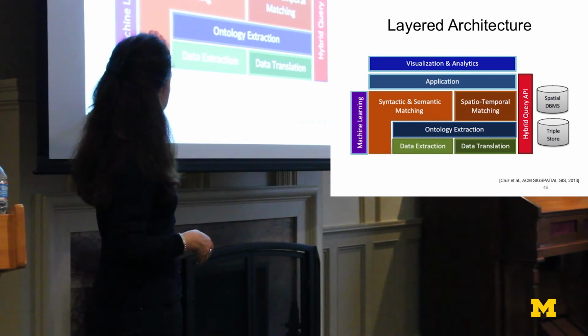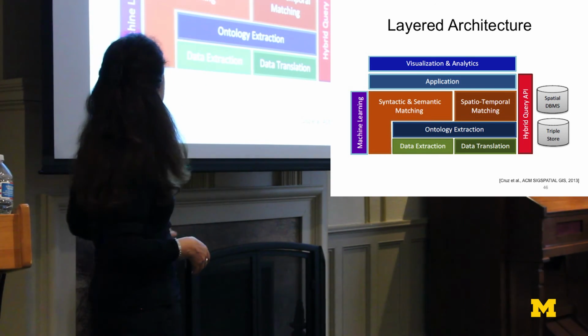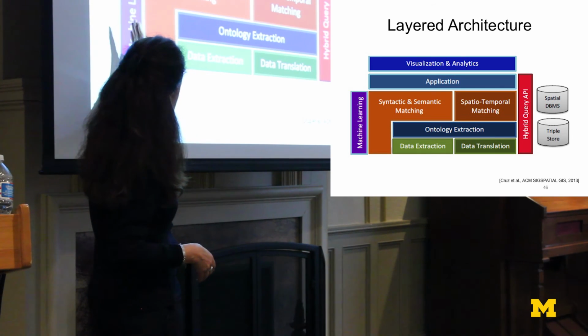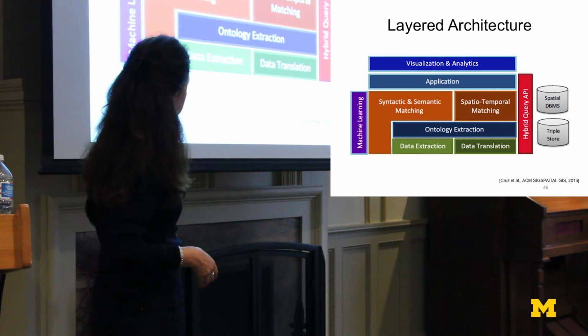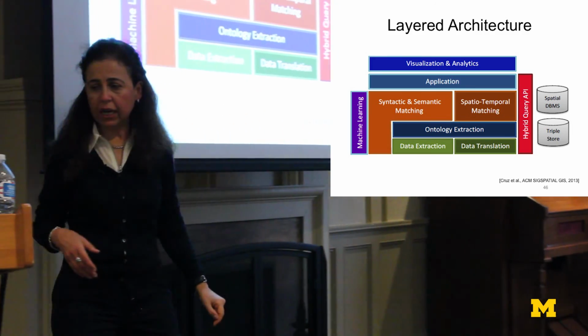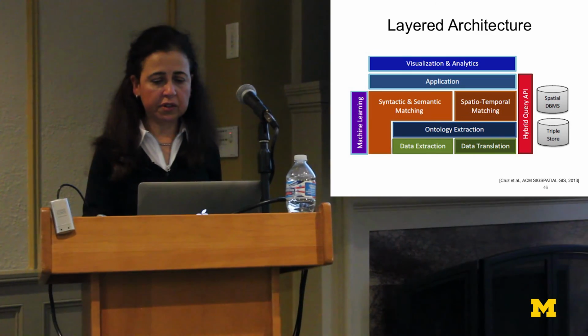So this is the ontology matching I mentioned, the application layer, and the visual and visual analytics. There is a machine learning component that permeates all this lower stack, and the data storage associated.